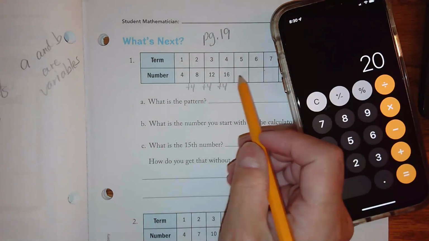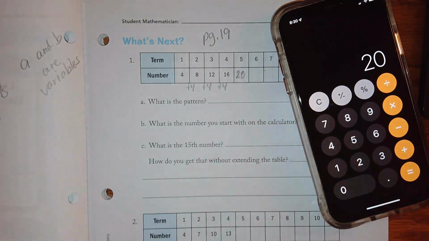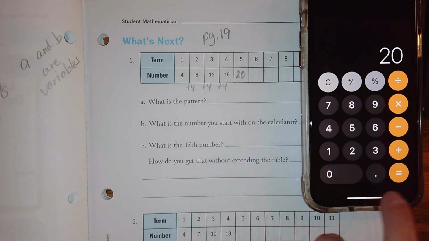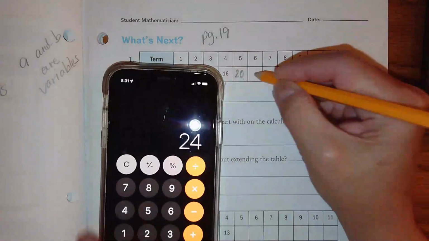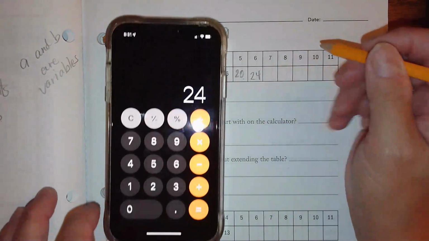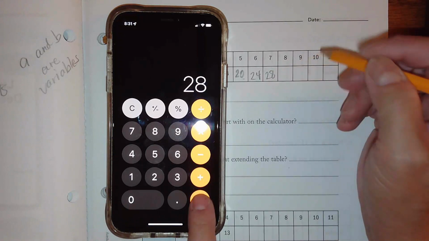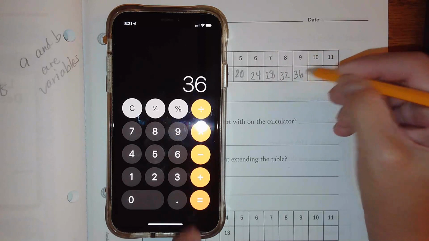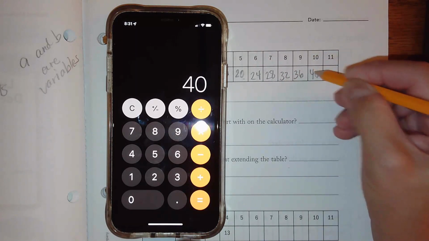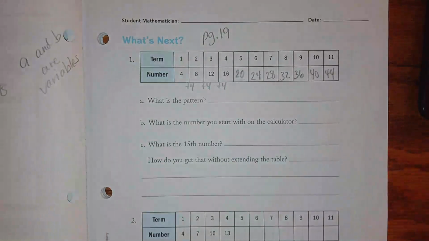So I'm going to put 20 in my box there. Then it's going to tell me my next number, simply by pushing the equal sign, is 24. I'm going to push the equal sign again, get 28, 32, 36, 40, 44. Now I'm going to push that aside for the second.